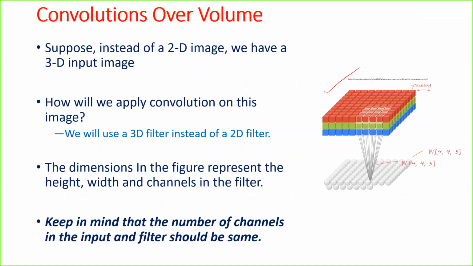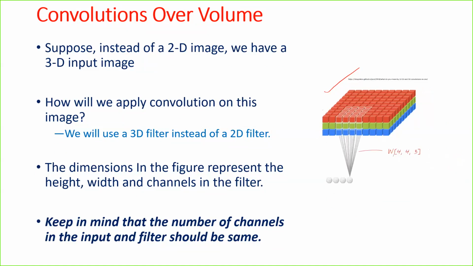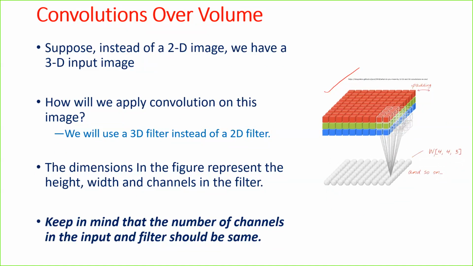So now to convolve over the volume, we take the number of channels in the filter same as the number of channels in the input image.